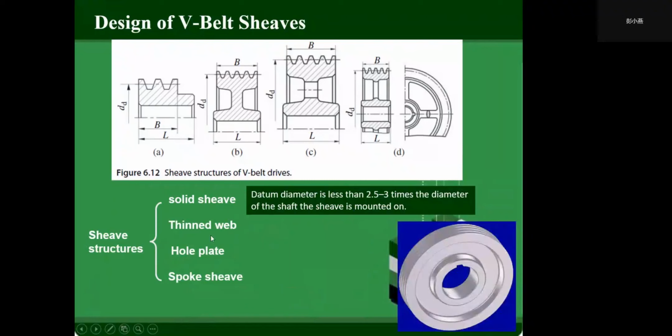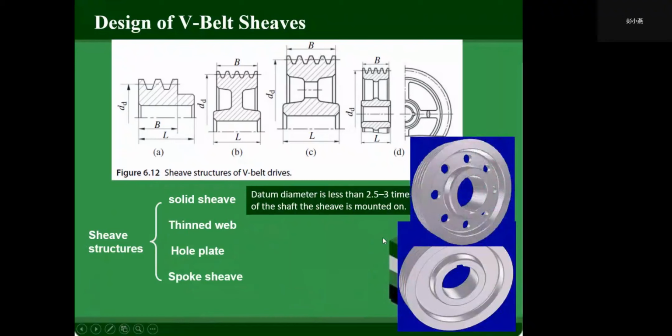And this is the thin web sieve, and this is the whole plate sieve. Both of them are suitable under the condition that the datum diameter is less than 300 millimeter.